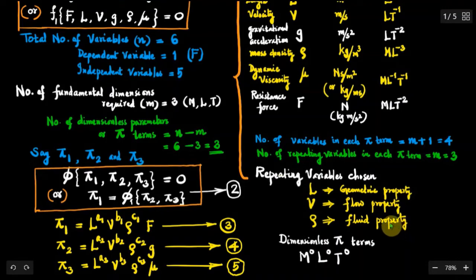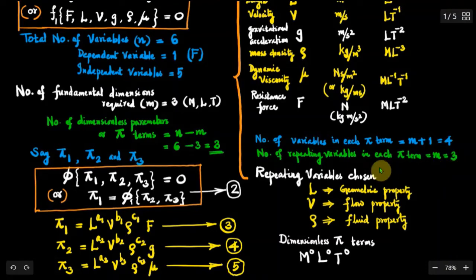Now how to get the number of repeating variables involved? Here the number of repeating variables is m. M is the number of fundamental dimensions required to express the given variables in the problem. That is, already we have identified that m is equal to 3 in this case, M, L and T. So the number of repeating variables in each of the pi terms, pi 1, pi 2, pi 3 should be equal to 3.